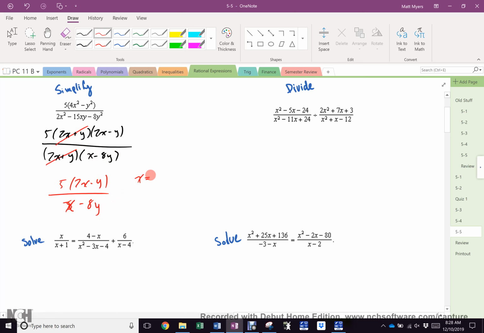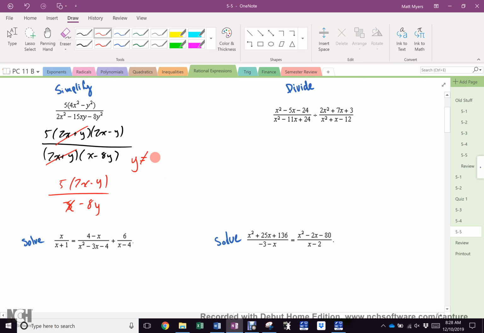And x cannot equal, this one's tricky. Sorry, not x. Y is what I will do first.